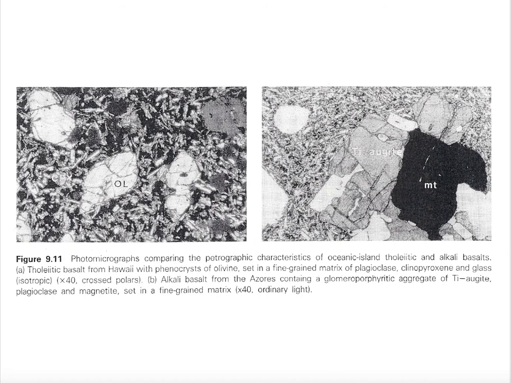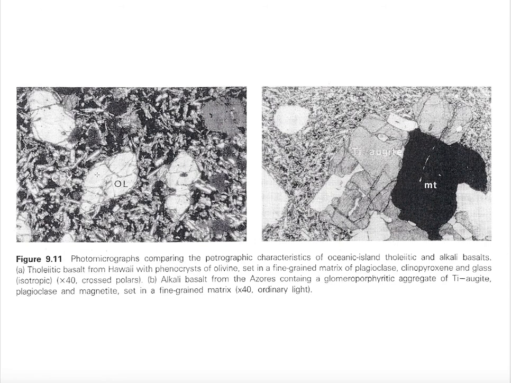Here are photomicrographs comparing the petrographic characteristics of the oceanic island tholeiites and alkali basalts. In A, we have tholeiitic basalts from Hawaii, phenocrysts of olivine set in a fine-grained matrix of plagioclase, clinopyroxene and glass.